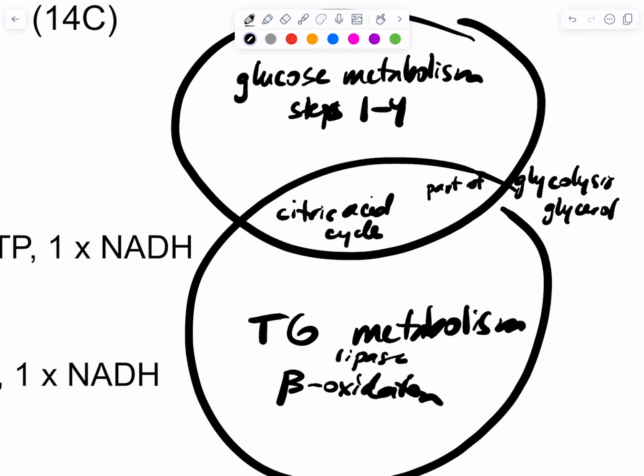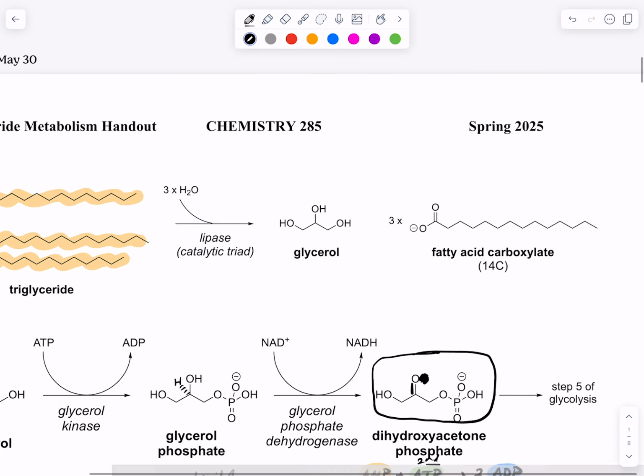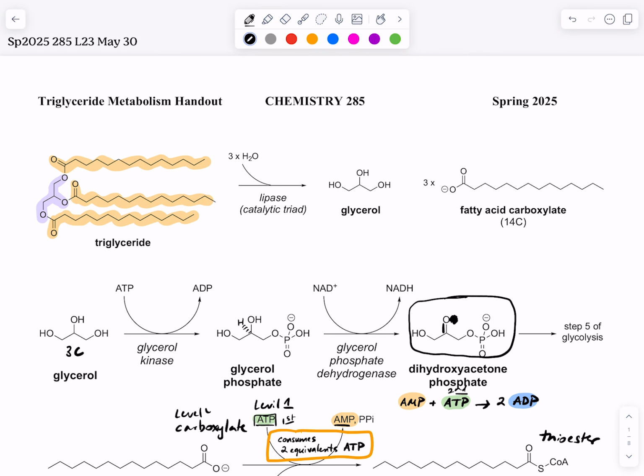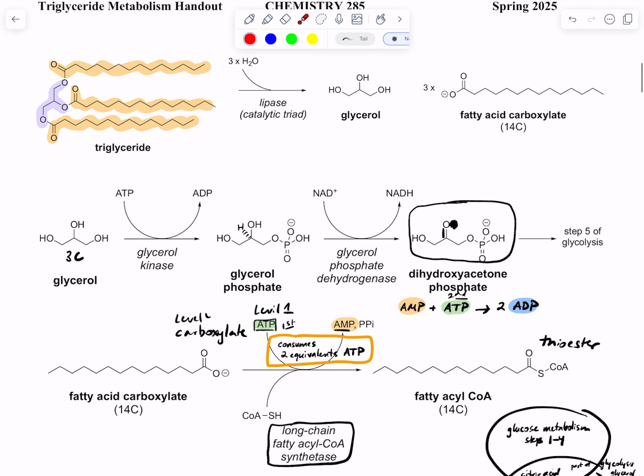Yep. Go ahead. So with this, because we almost do a hydrolysis, a catalytic reaction, and then it breaks into two, are we just focusing on one at a time? Yes. And with the dihydroxyacetone phosphate, are we just done with that, and then we just work with the fatty acid carboxylate?